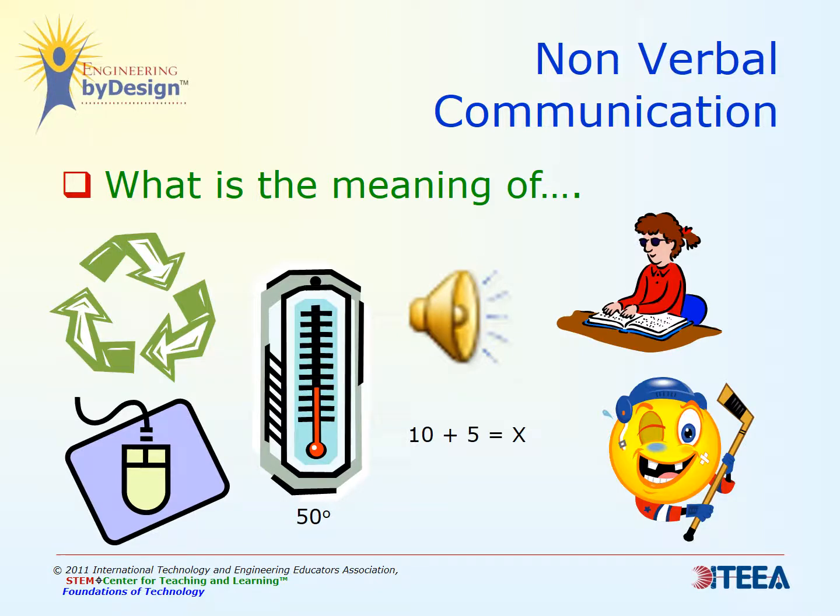Okay, so what's that in the middle? It's not just a thermometer, but a thermometer registering 50 degrees. And since we don't have a meter on it, that's 50 degrees Fahrenheit. The next symbol is of a speaker, and that speaker is active. It is not muted.